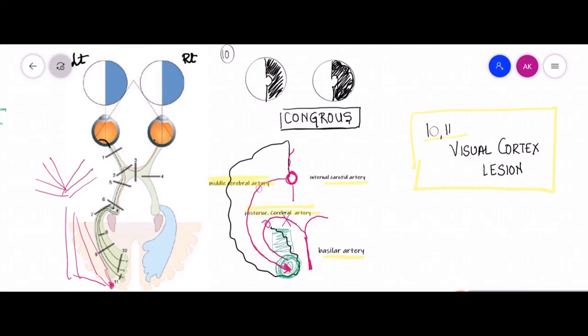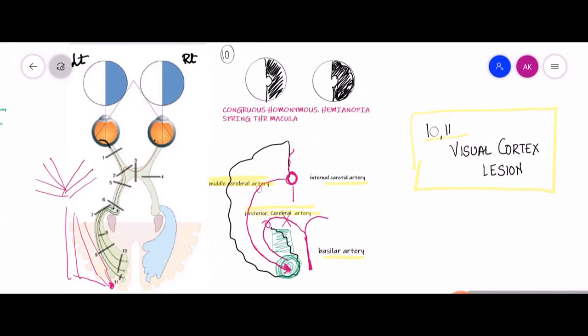So as the fibers come together, they are becoming more alike. The visual field is becoming more alike. However, in the case of optic radiation, because the fibers were more apart, the visual field defect was also incongruous. The defect that we see in posterior cerebral artery stroke is congruous homonymous hemianopia, which is sparing the macula.